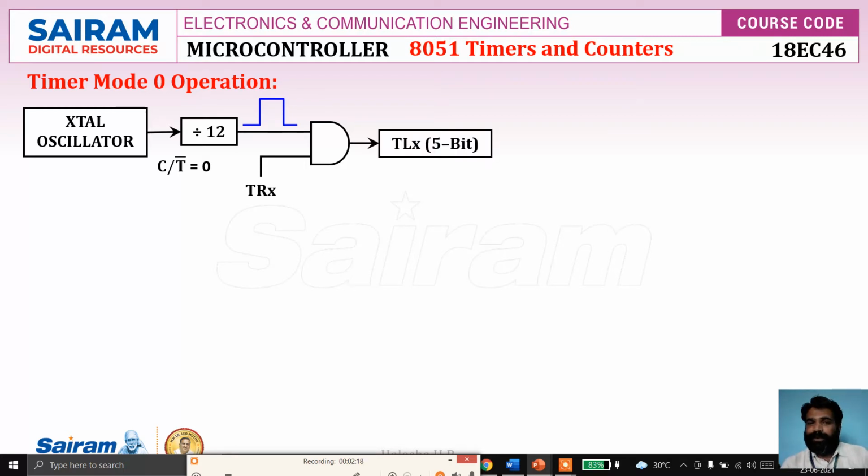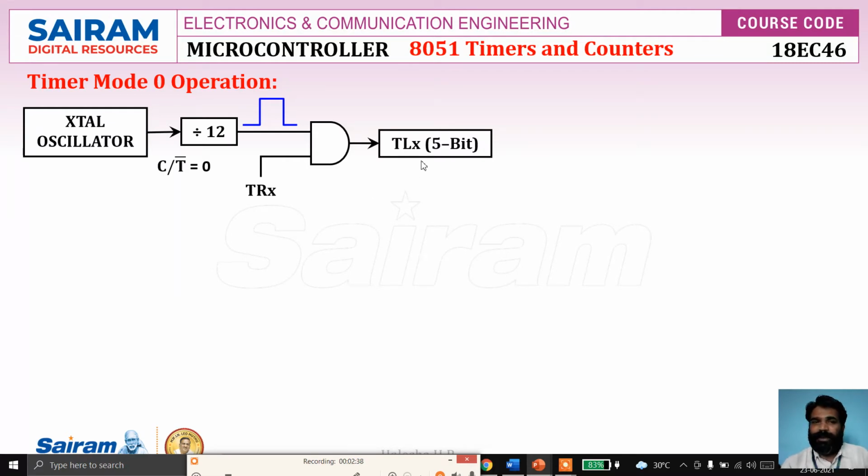The output of this is connected to TLX. It is a 5-bit counter, so it counts the pulses received from the divided by 12 circuit whenever TRX is 1.